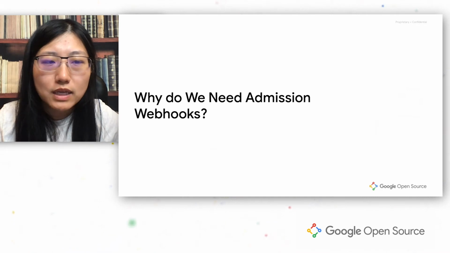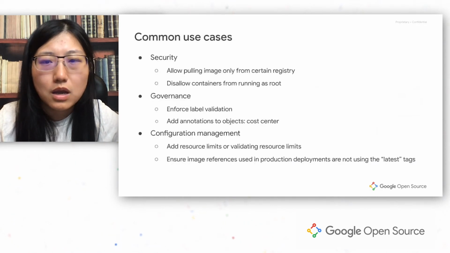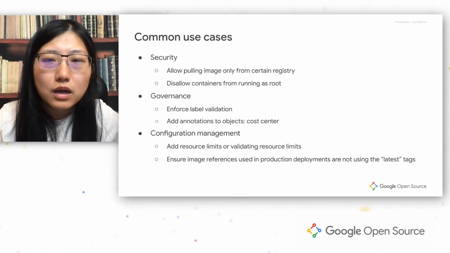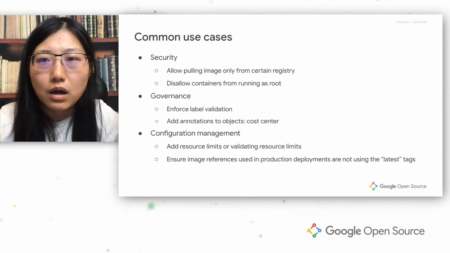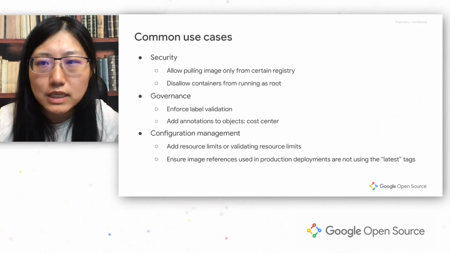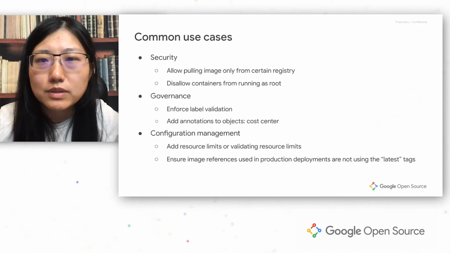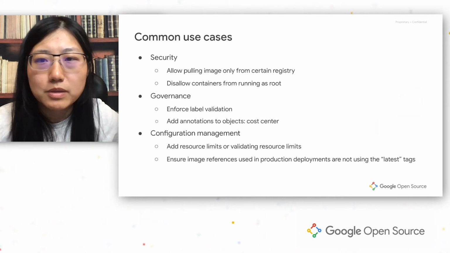So why do we need admission webhooks? The admission webhooks can help in certain areas. They can help with increasing security by mandating a reasonable security baseline across the entire namespace or cluster.